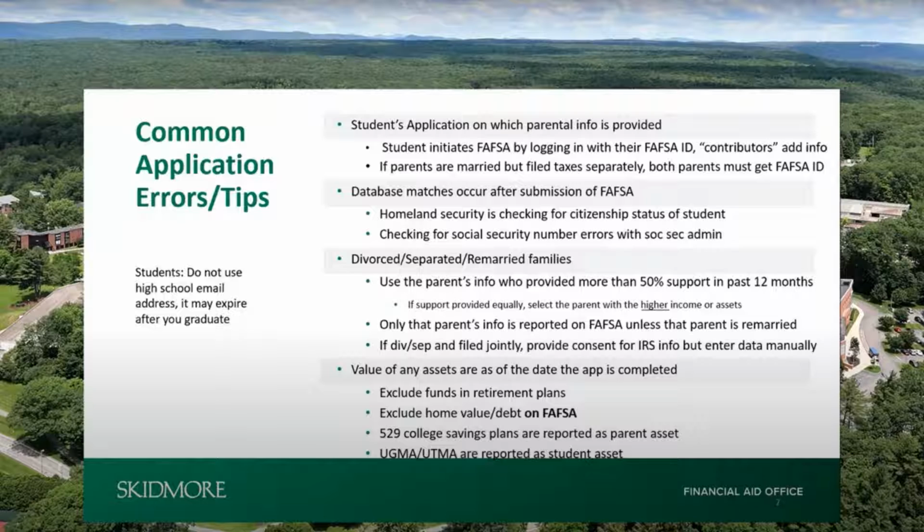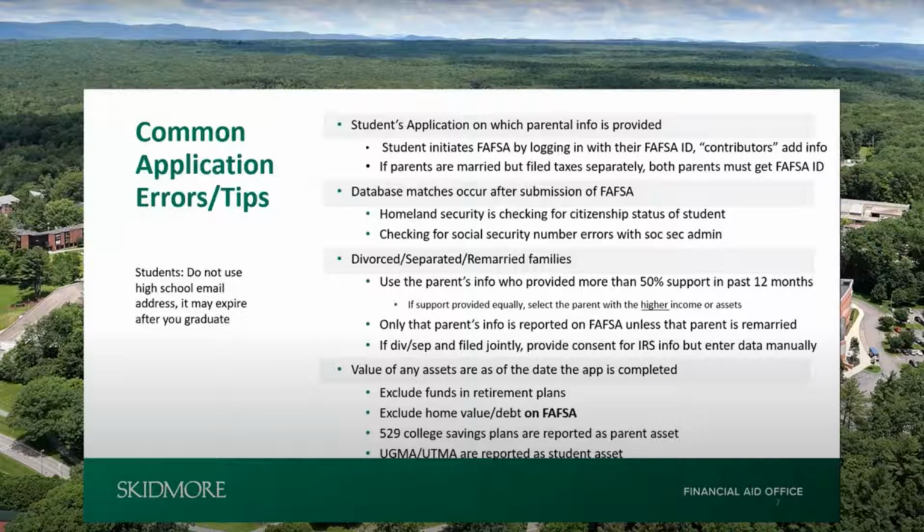So you still have to provide consent for the IRS to pull in your information, but you're going to override that in the case where you file jointly but are divorced or separated and only report that one parent's income information manually. And that's a little confusing. I'm happy to go through that again at the end if there are any questions about that.